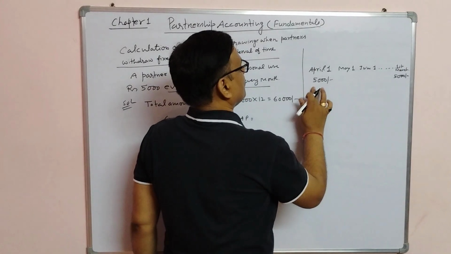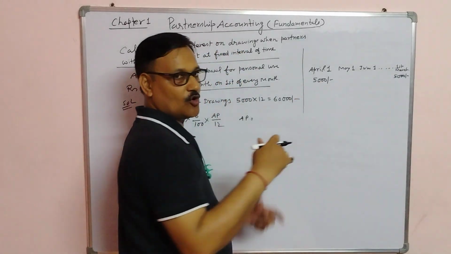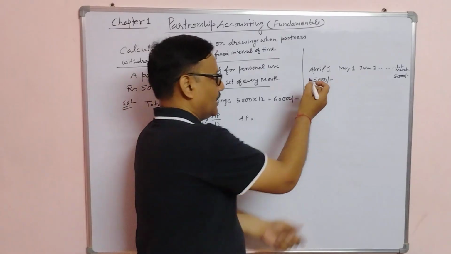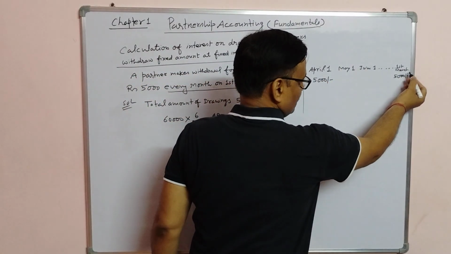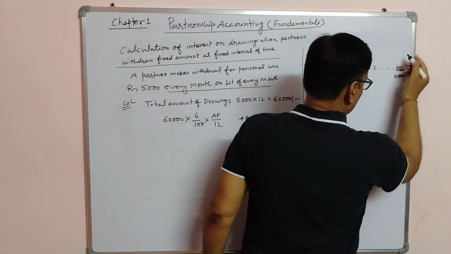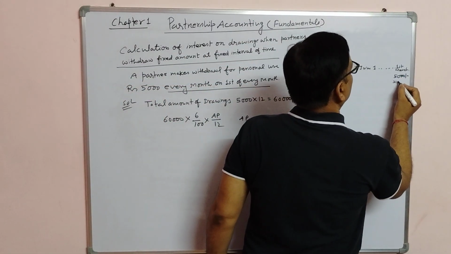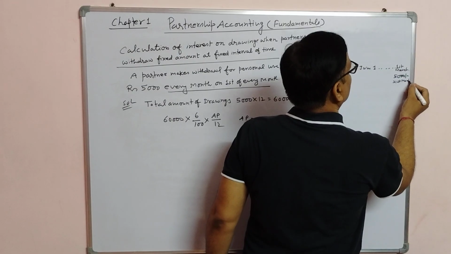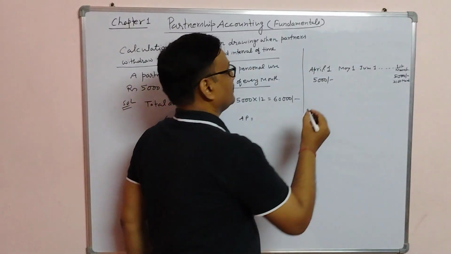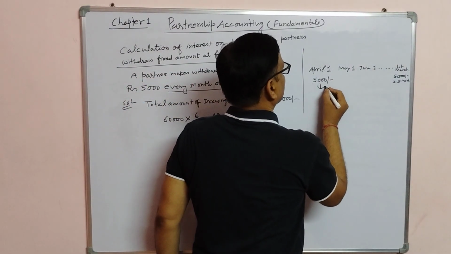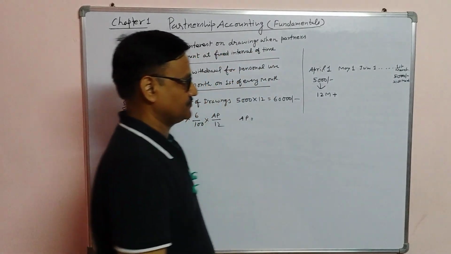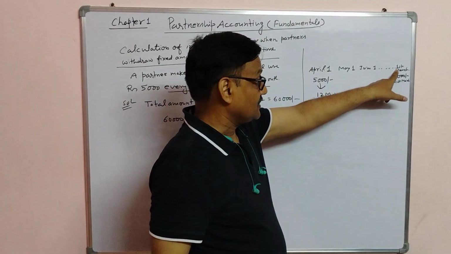rupees 5,000 will be used by the partner for how many months? कितने महीने इस 5,000 रुपए का वो इस्तेमाल करेगा? अप्रैल से लेके 1 मार्च तक रहकर 1 मार्च को विड्रॉल करेगा, लेकिन उस पैसे को इस्तेमाल कब तक करेगा? 31 मार्च तक करेगा. यानी कि अप्रैल, मई, जून, जुलाई टोटल कितने महीने होते हैं? 12 महीने. तो द फर्स्ट मनी दैट ही विड्रू दैट विल बी यूज्ड बाय हिम फॉर 12 मंथ्स प्लस द लास्ट मनी.